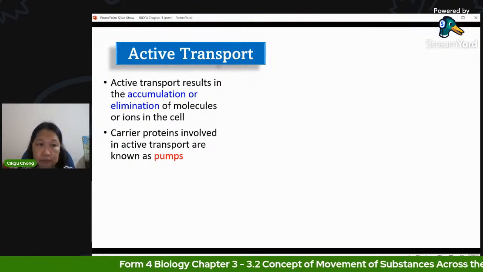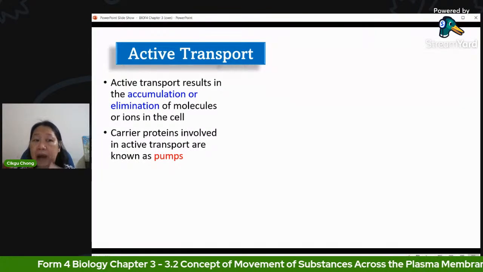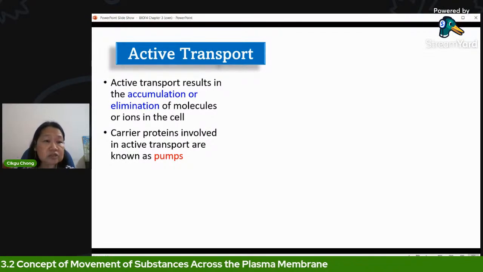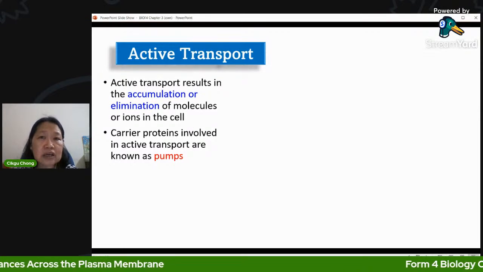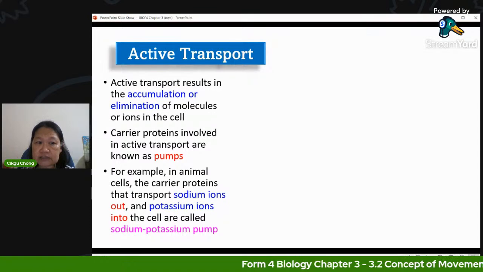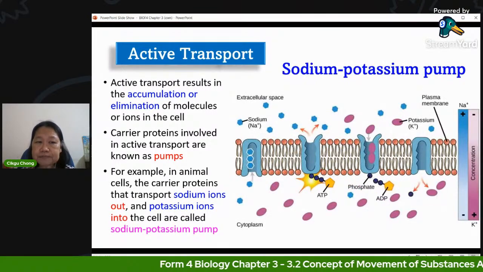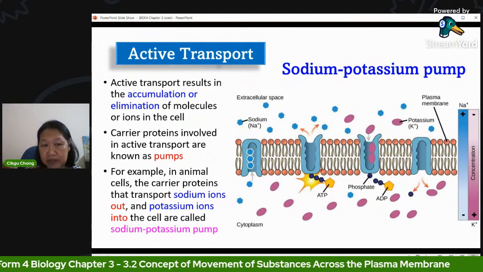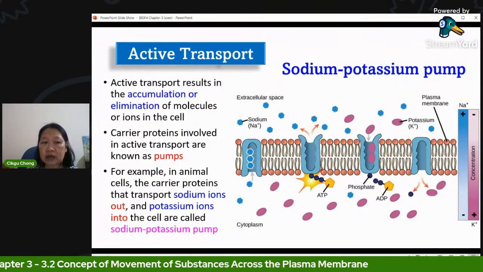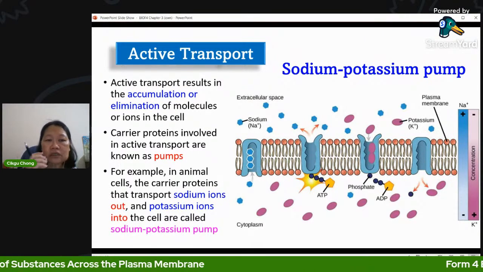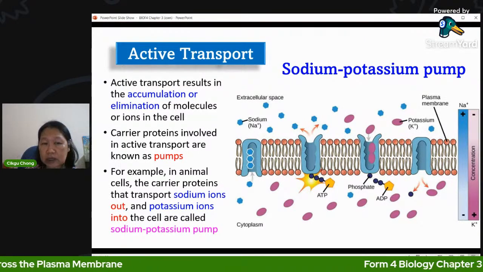Now this type of carrier protein has another name, called a pump. The carrier proteins involved in active transport are called pumps. In our body, there are a few types of pumps. Pump is like pumping up, bringing in something. For example, in animal cells, the carrier protein that transports sodium ions out and brings in potassium ions is called the sodium-potassium pump.